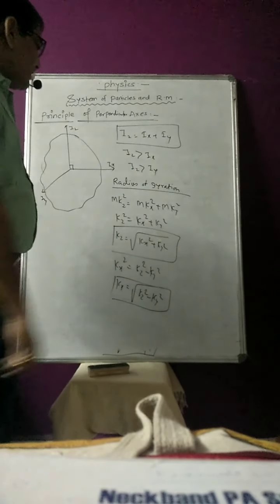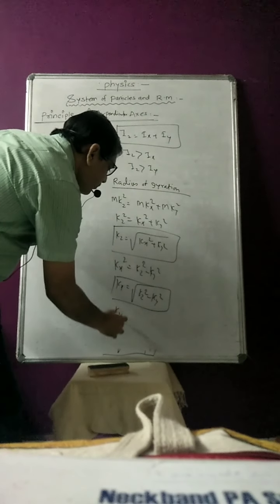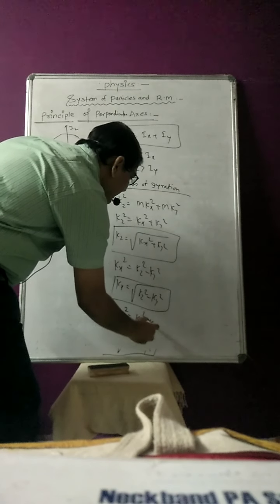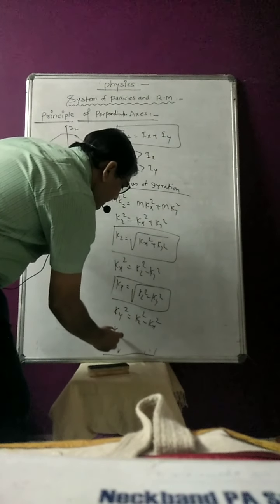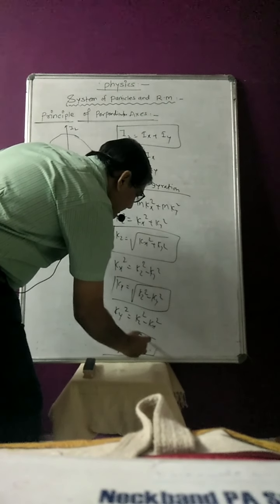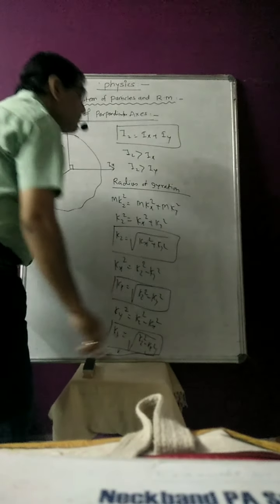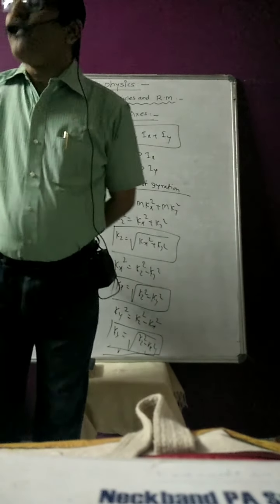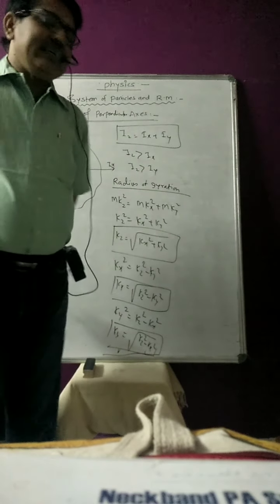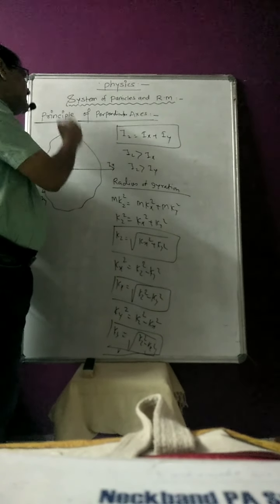Or third formula, if I want to find out ky square, ky square can be written as kz square minus kx square, or ky can be written as under root of kz square minus kx square. So these are the three formulas for calculating the radius of gyration about the x axis, y axis, or z axis.